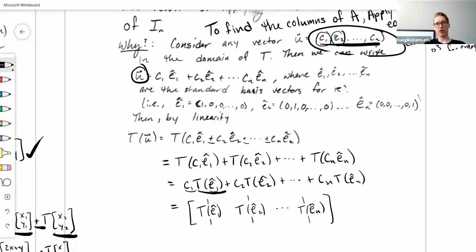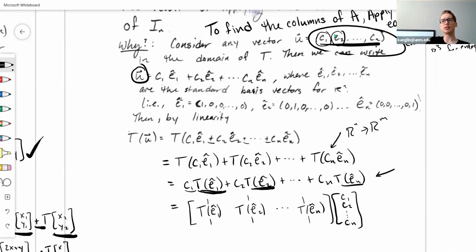We can write this previous line as just this matrix whose columns are made up of T applied to the first standard basis vector, T applied to the second standard basis vector, and so on. Set up that matrix and just multiply it with matrix multiplication by this column of those C values. And remember, T takes Rn to Rm.